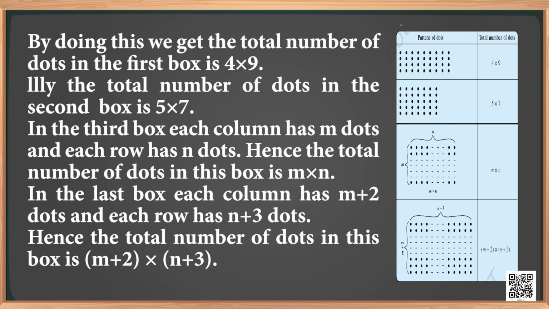Hence, the total number of dots in this box is m plus 2 times n plus 3. Can you think of similar situations in which two algebraic expressions are to be multiplied?